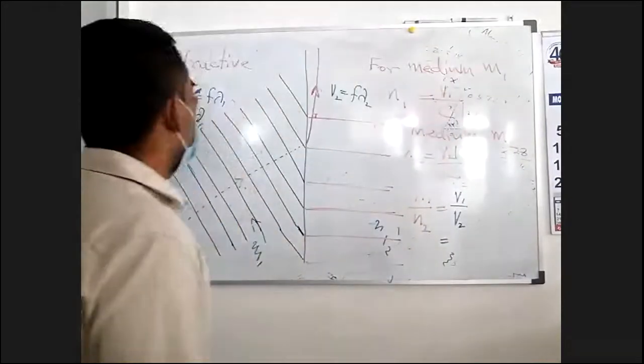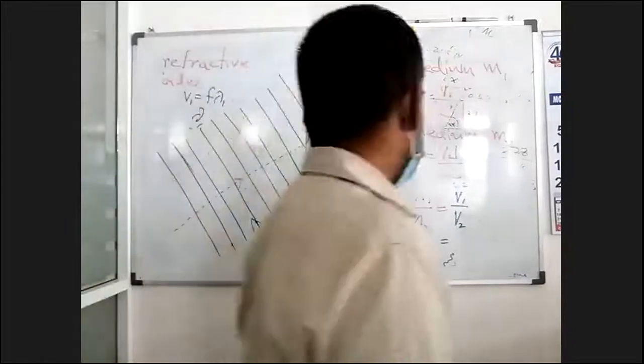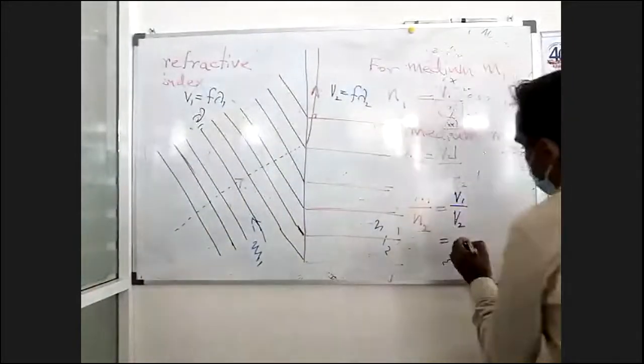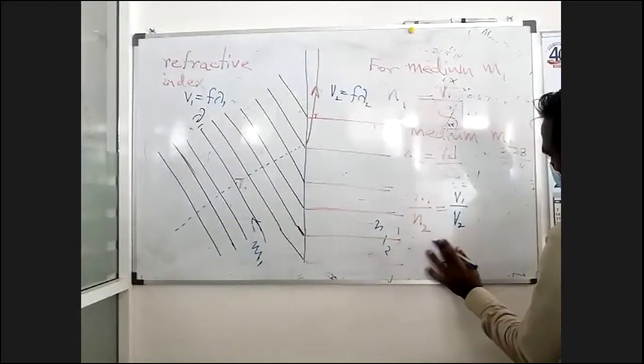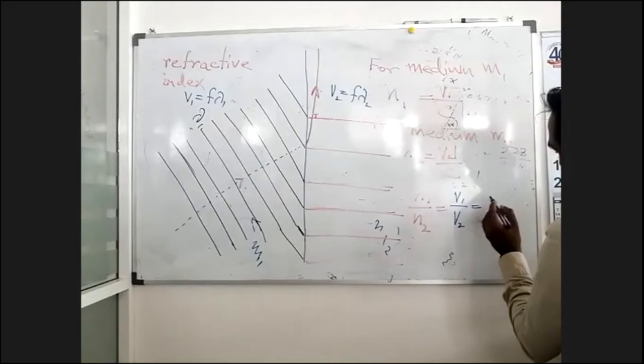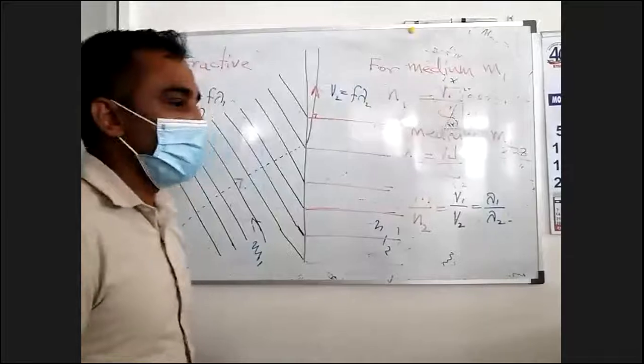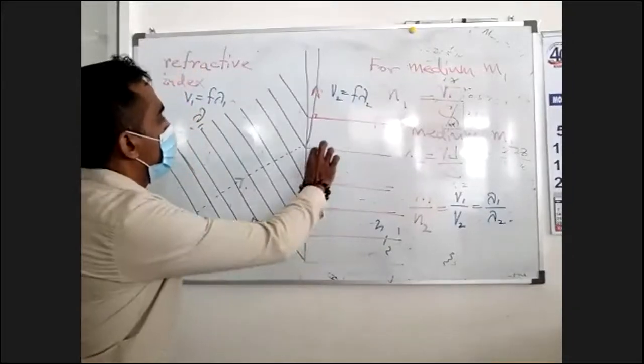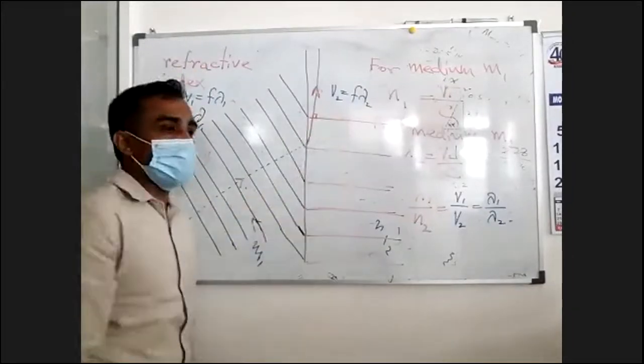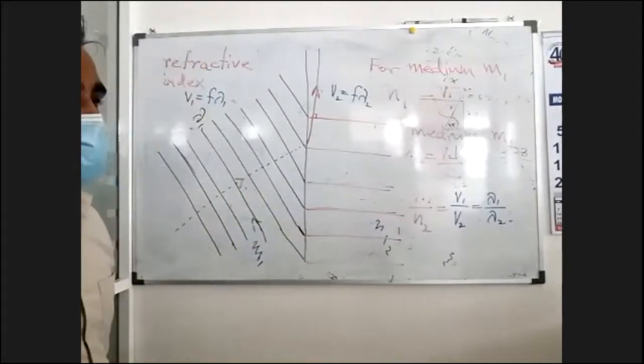Then the frequency is a constant, and as a result, we can say the ratio of refractive index equals the ratio of wavelengths. So that is the quantification of these two.